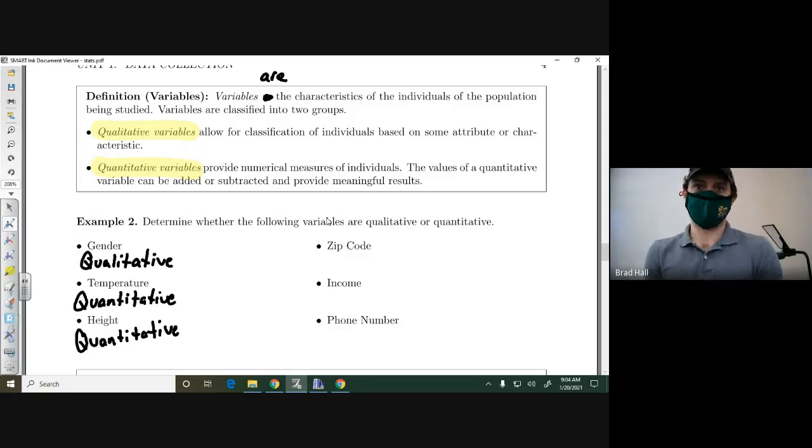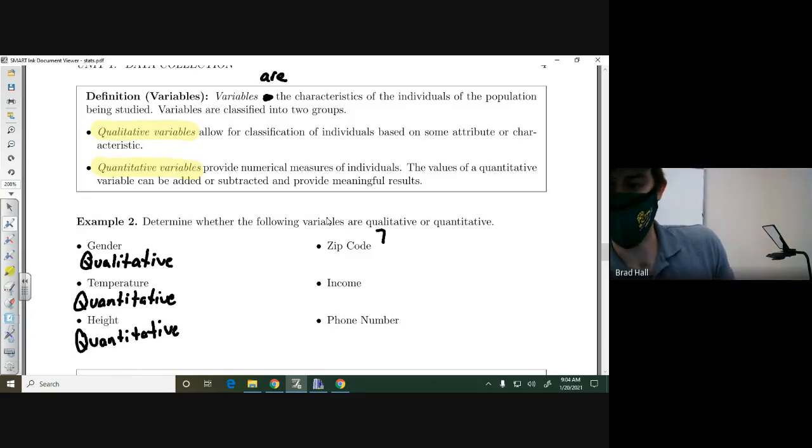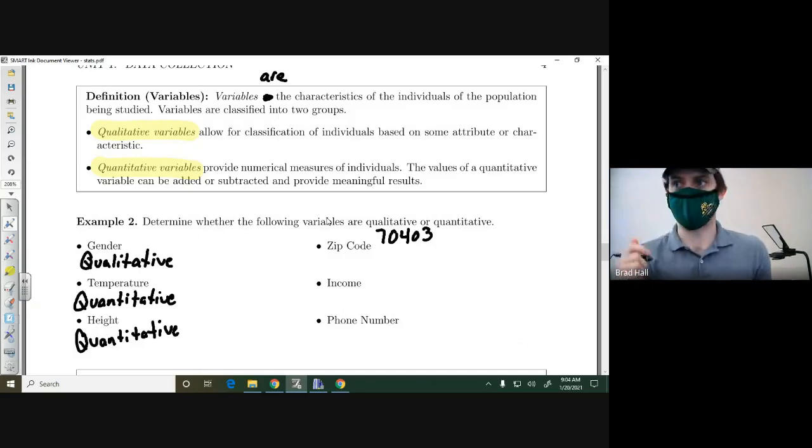Now, zip code. Is zip code qualitative or quantitative? Does anyone have a guess on this one? This one's going to be qualitative. So what's a zip code? It's a number, right? 70403, that's the Hammond area code. That's a number, but is that quantitative?